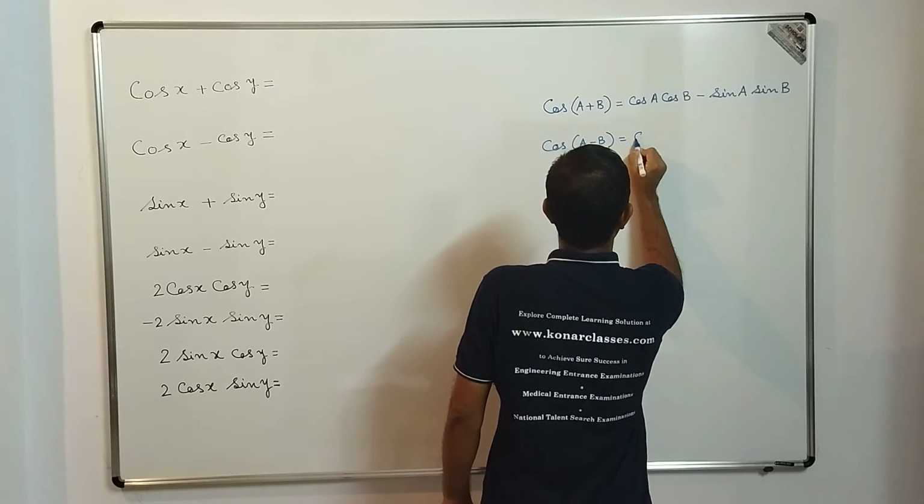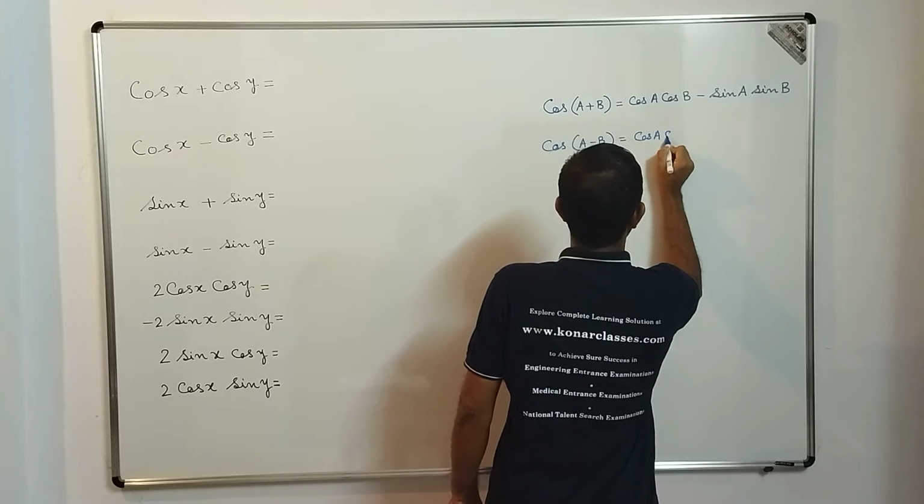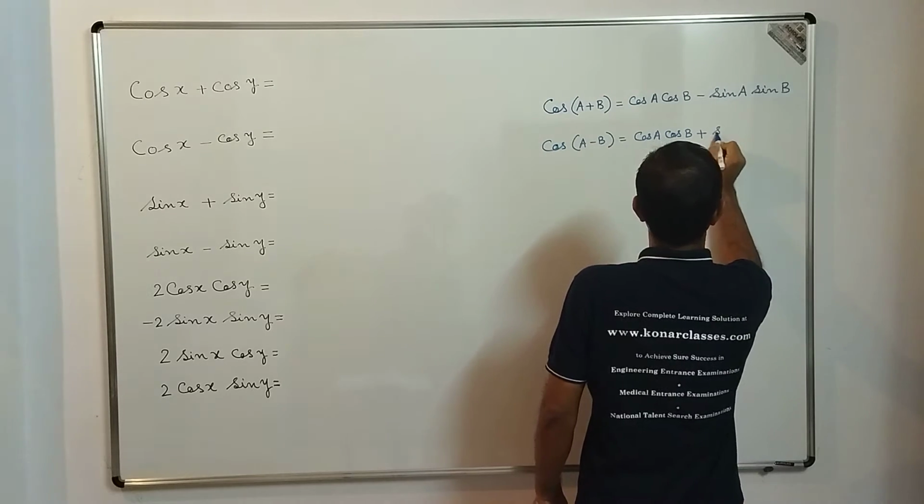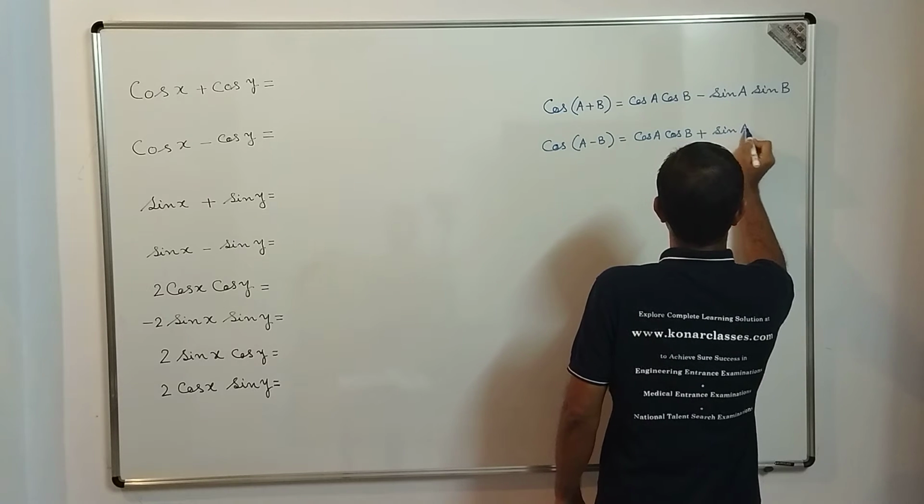That is equal to cos A cos B plus sin A sin B.